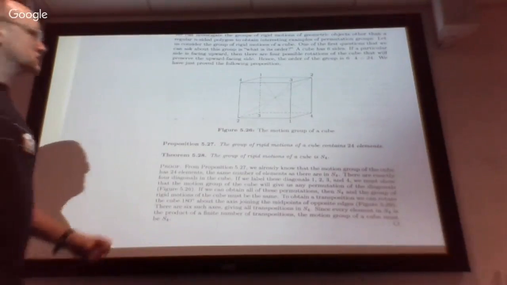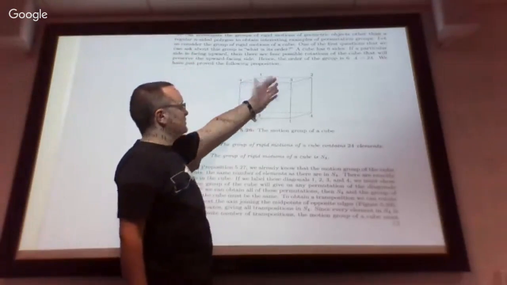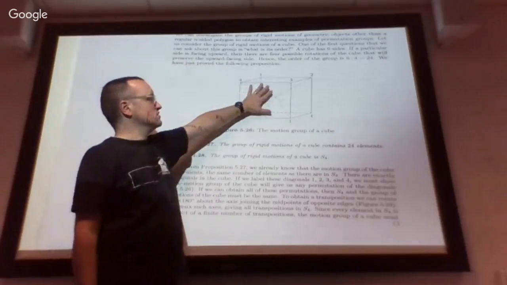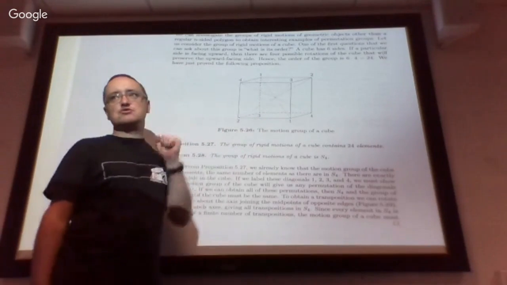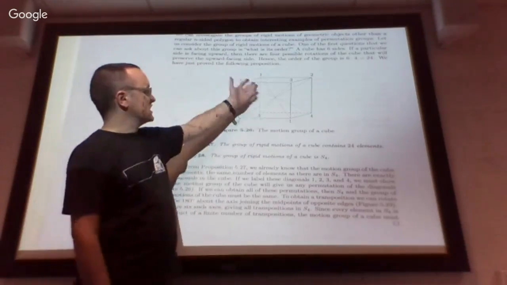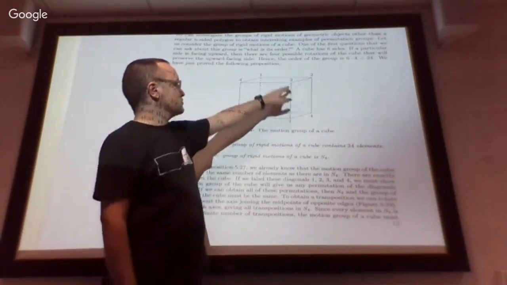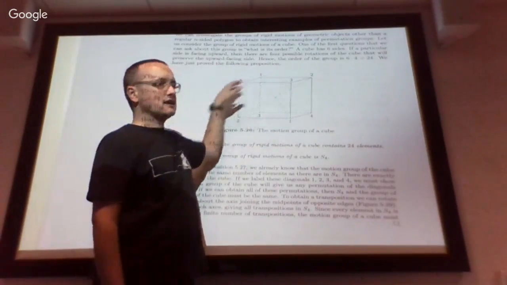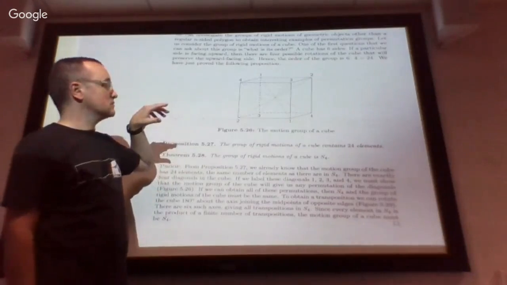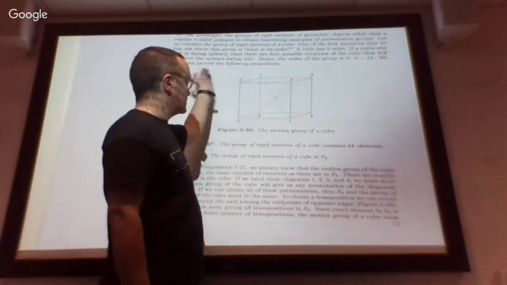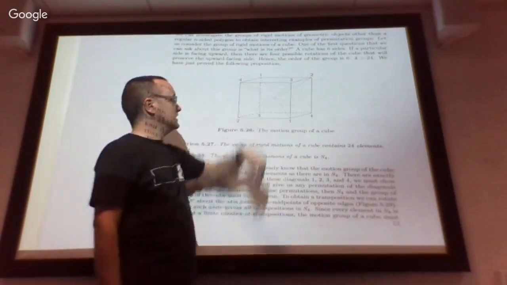The way he shows that you can achieve any possible permutation is he shows that you can achieve all of the individual transpositions. So there is a rotation of the cube that swaps diagonals 1 and 2 and preserves diagonals 3 and 4 in the same positions. And you can do that for every pair of the 4 diagonals.